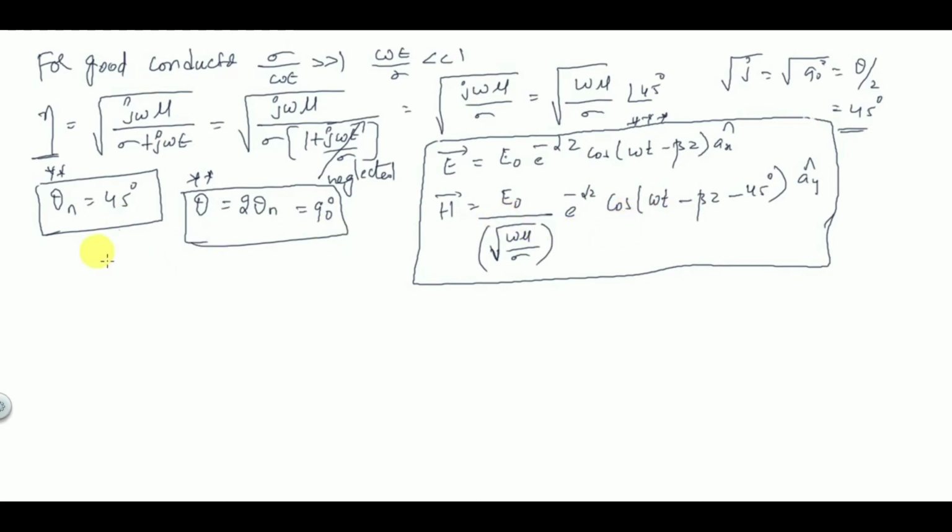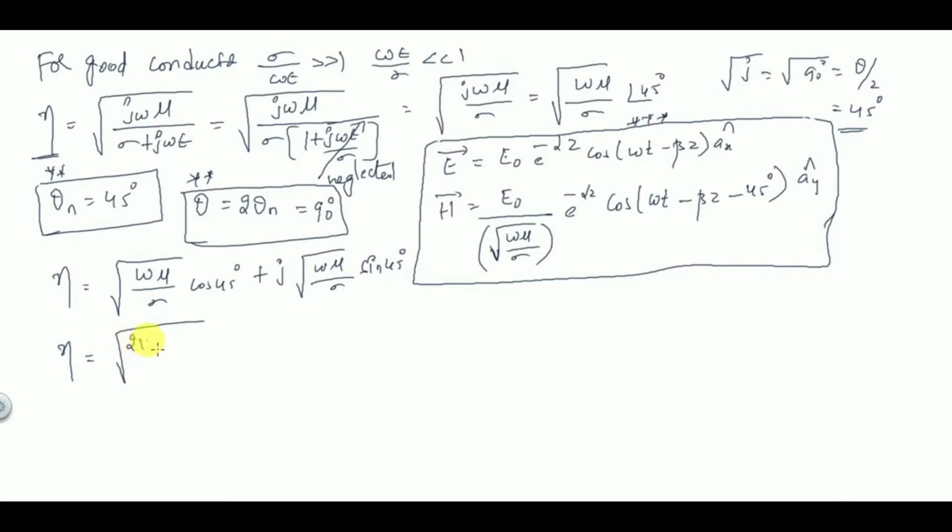Right, so eta can be written in complex form: root of omega mu by sigma cos 45 degrees plus j into root of omega mu by sigma sine 45 degrees. Yes or no? So eta can be written as root of 2 pi f mu by sigma into 1 by root 2, because cos 45 is 1 by root 2, plus j into root of 2 pi f mu by sigma into 1 by root 2.